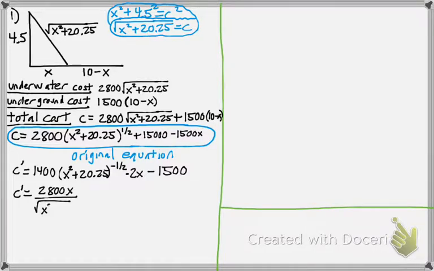I'm going to rewrite that as square root of x squared plus 20.25 on the bottom, and then minus 1500. Now what I want to do with this is set this equal to 0 for the critical numbers.